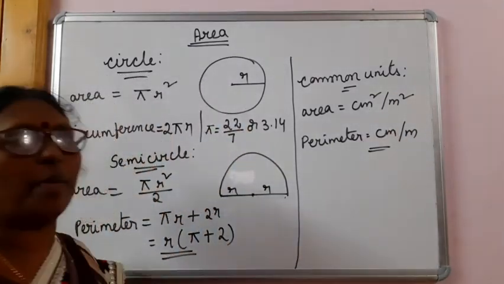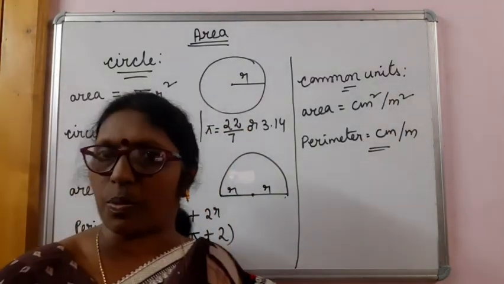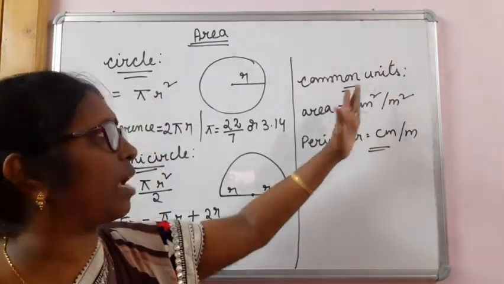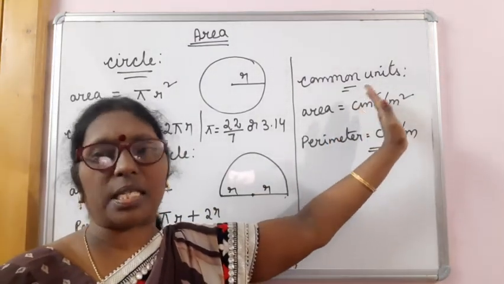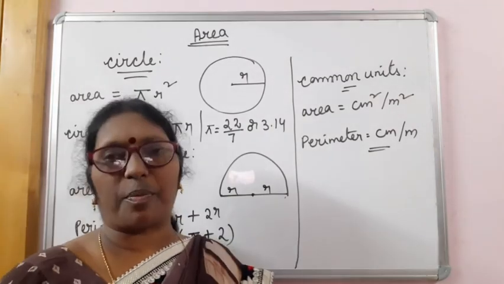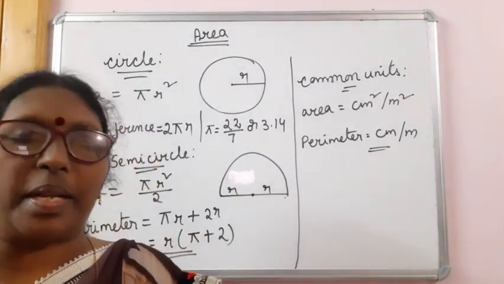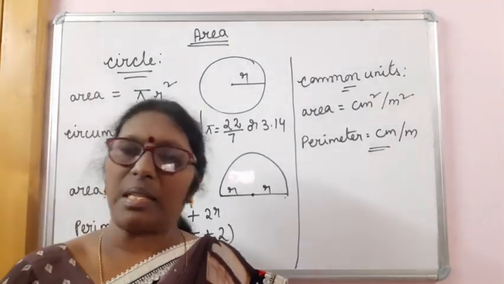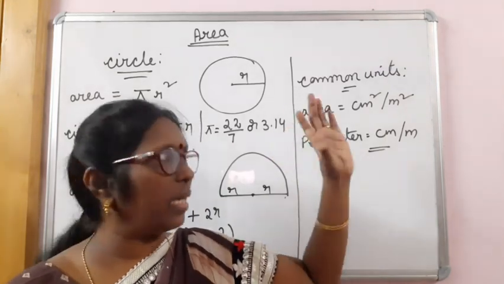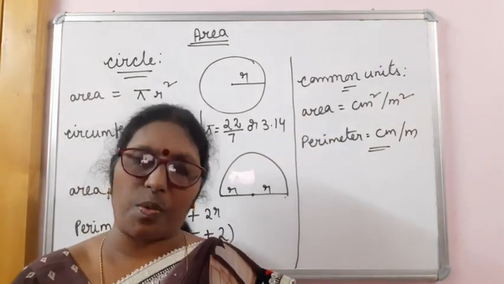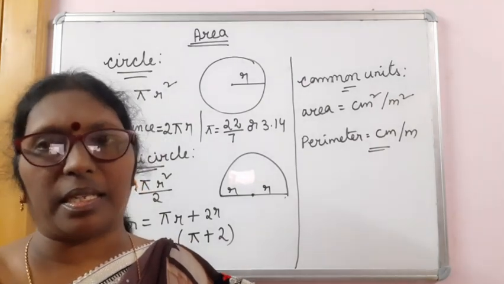You may have millimeter square, kilometer square, decimeter square, but commonly we use cm and meter. For area, cm square or meter square, and for perimeter we use centimeter or meter. This is all about area and perimeter based on rectangle, square, circle and semicircle. Thank you.